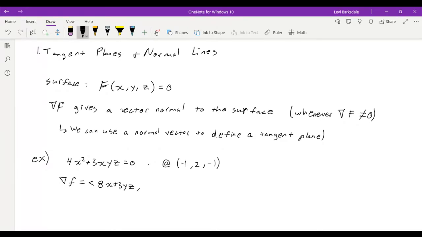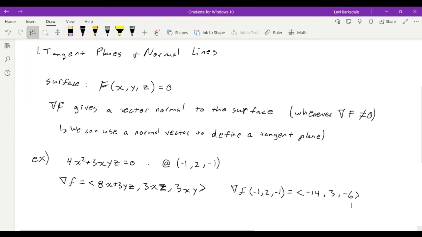The derivative with respect to y is 3xz, and the derivative with respect to z is 3xy. So that would be our gradient, and then we can calculate the gradient at our specific point, (-1, 2, -1), and that gives us the vector (-14, 3, -6).